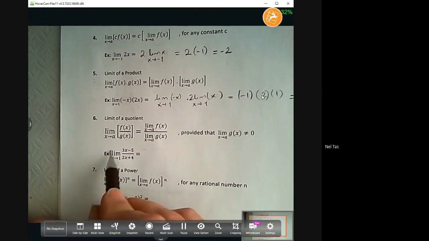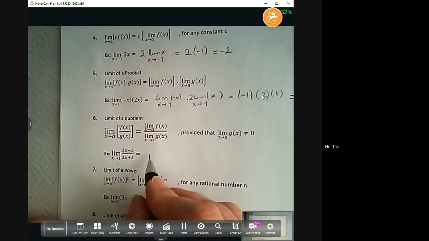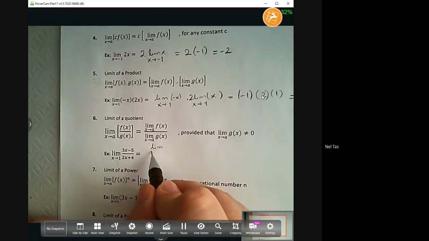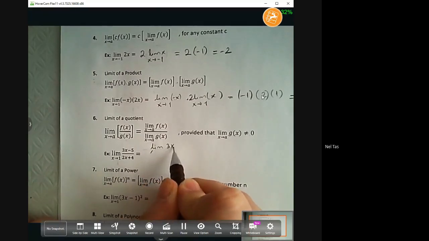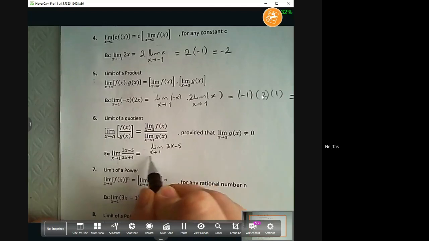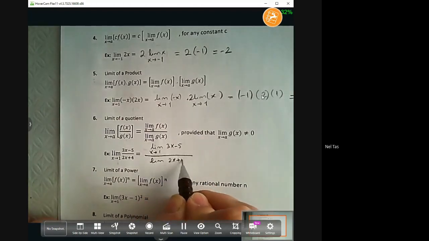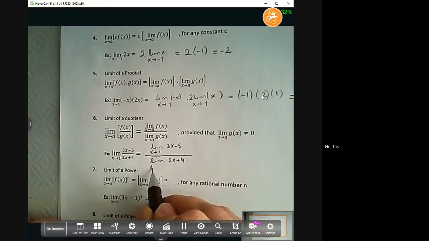Then if we have limit of 3x minus 5 over 2x plus 4 as x approaches 1, we can write this as limit of 3x minus 5 as x approaches 1 divided by limit of 2x plus 4 as x approaches 1.